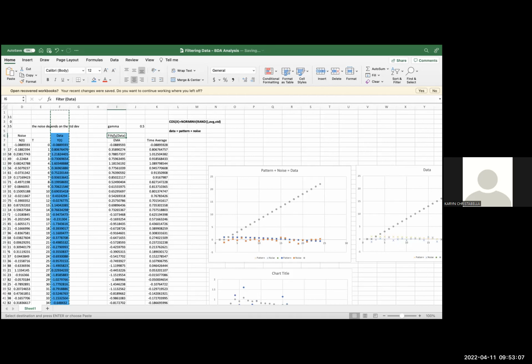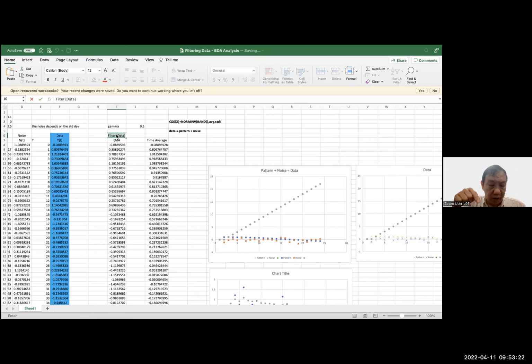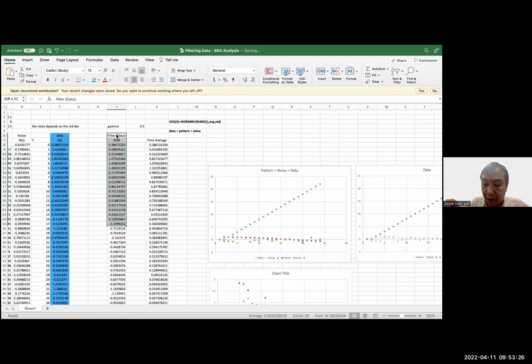And then you press Shift and End, and then the down arrow.